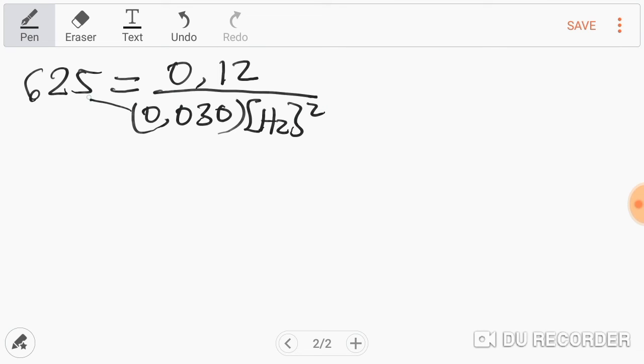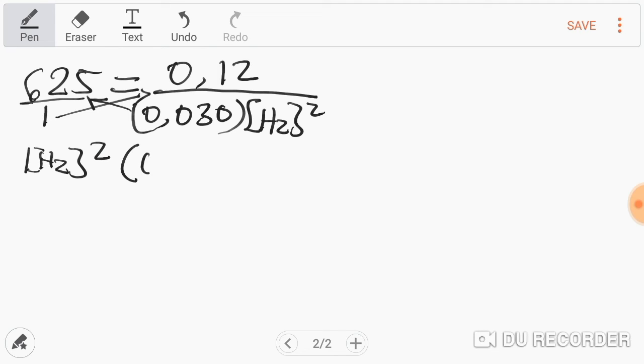So now this will go multiply that side, and this is over 1, so we'll multiply there by 1, which will give us the same answer. So we'll be having the concentration of H2 cubed.